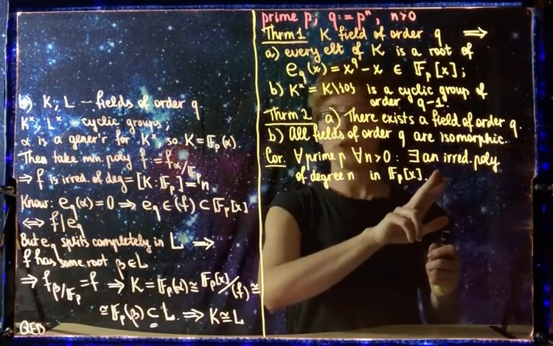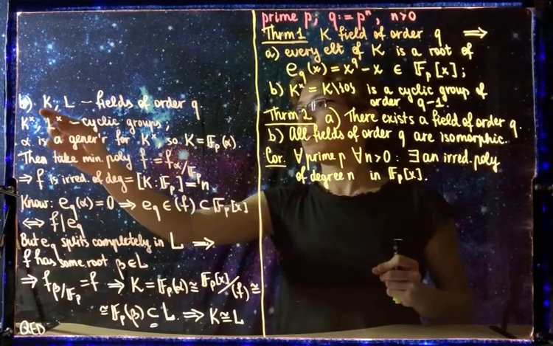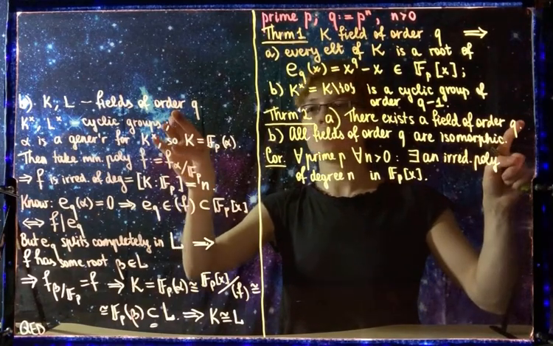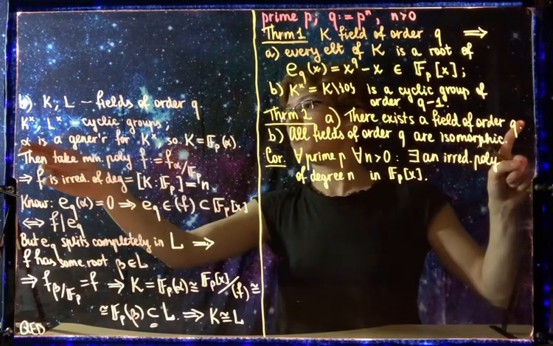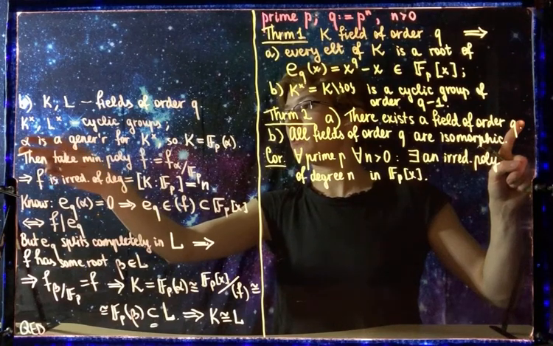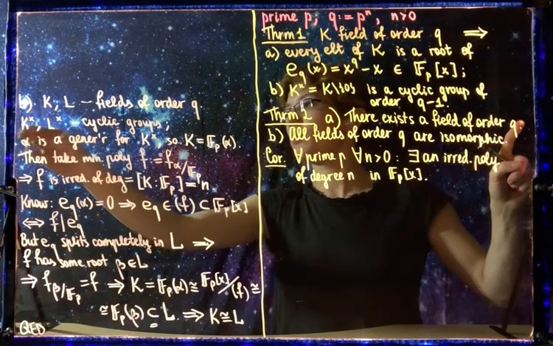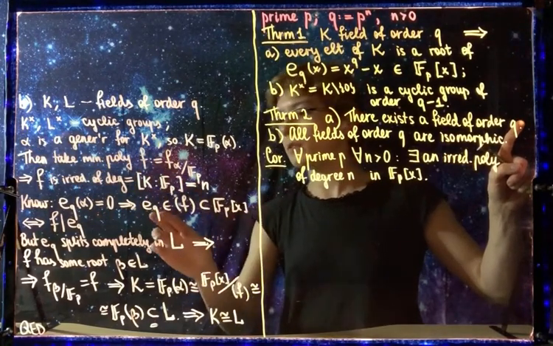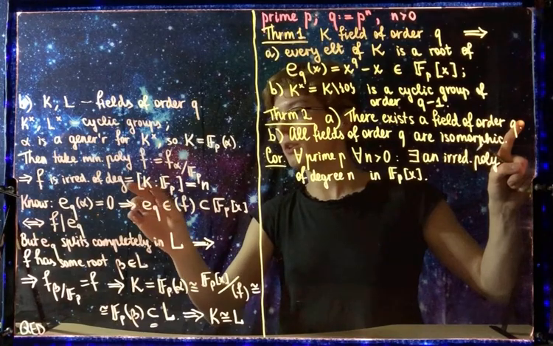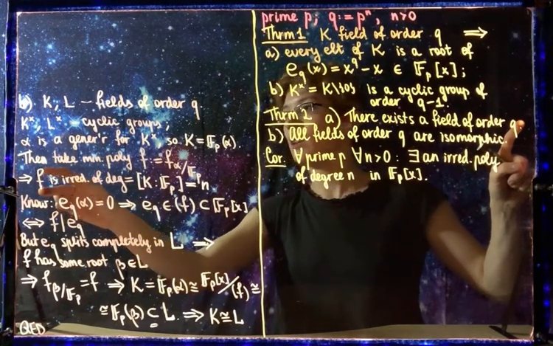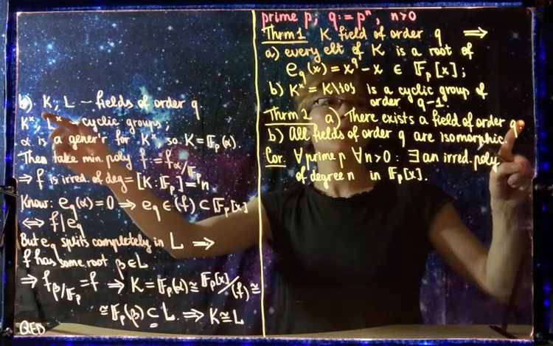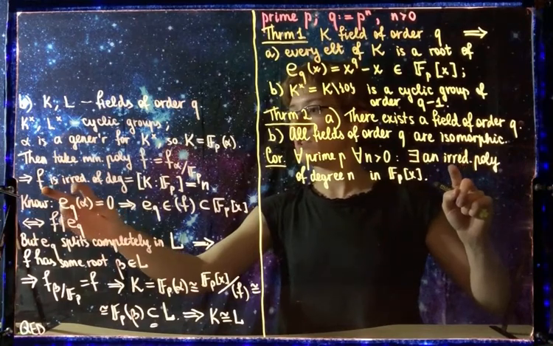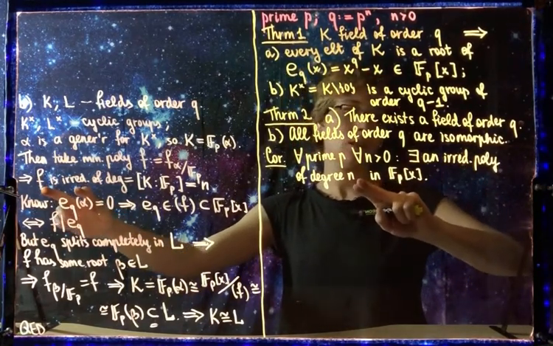So the way that we show it, we take a field K of order q, we know that it exists, so we take some element that generates the cyclic group of this field and take its minimal polynomial. And by comparing the degree of this minimal polynomial with the degree of the field extension, which must be n, we get that f is an irreducible polynomial of degree n.